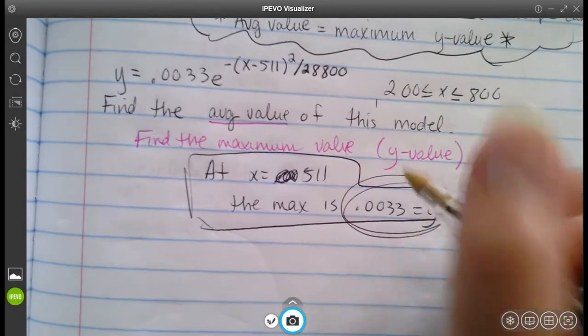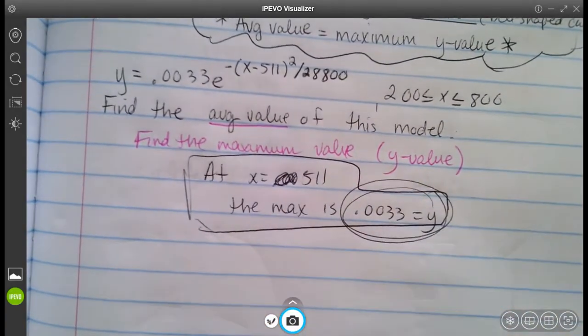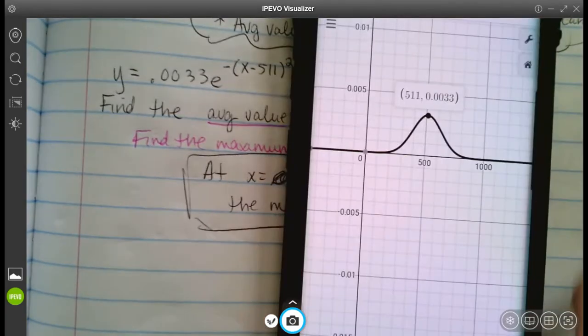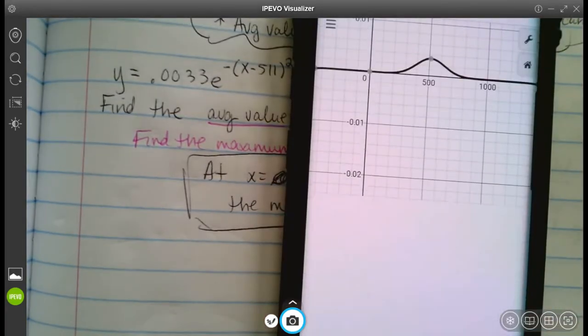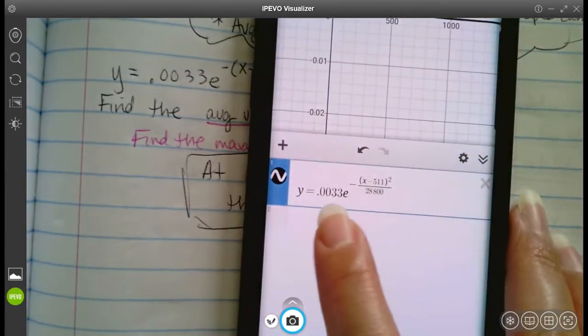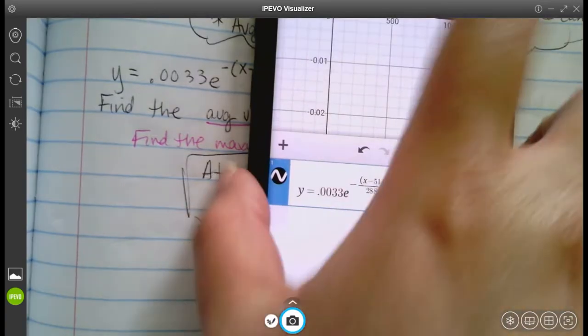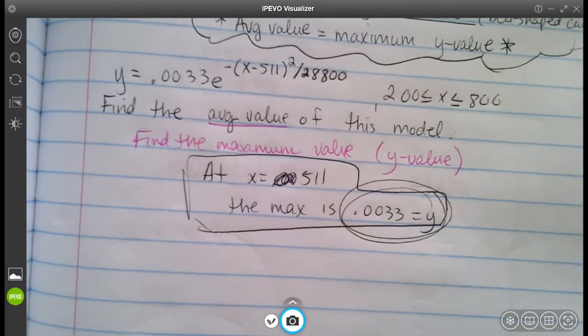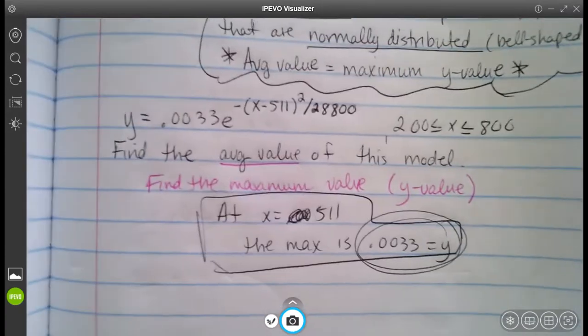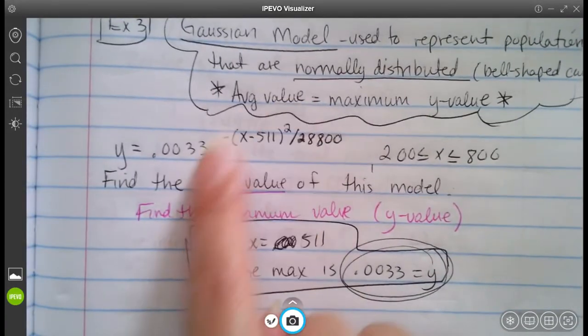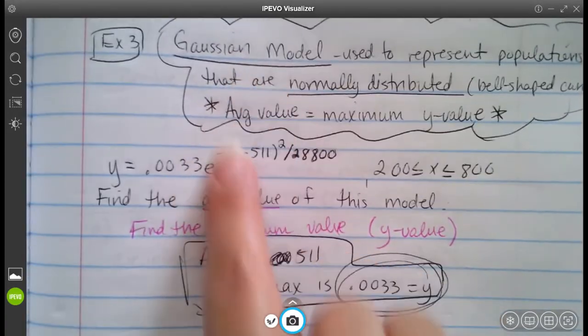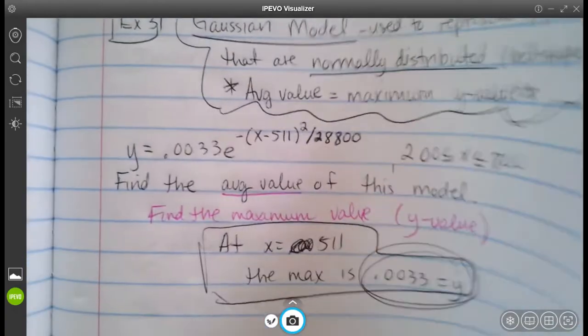This is the max value, but I'm just showing you where it happens. So again, there it is. Make sure when you type this one out that you put everything in exactly as it is. That's basically it for this one, easy as that. So average value means, if you have a model like this, you're going to find the maximum y value.